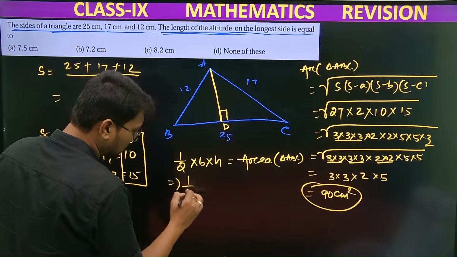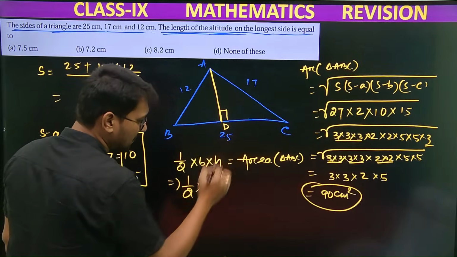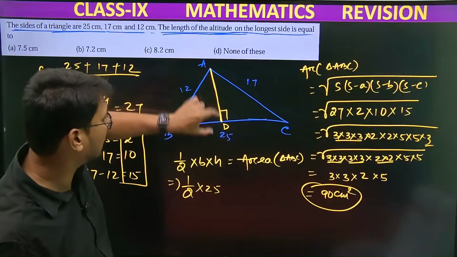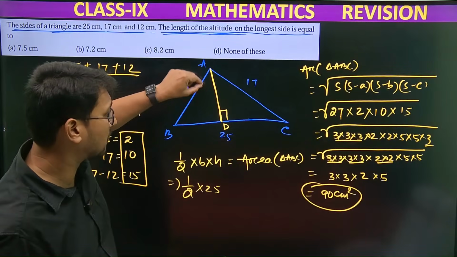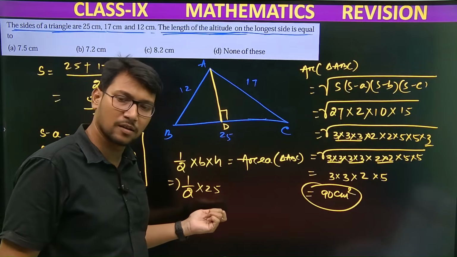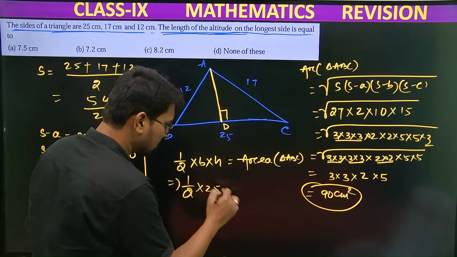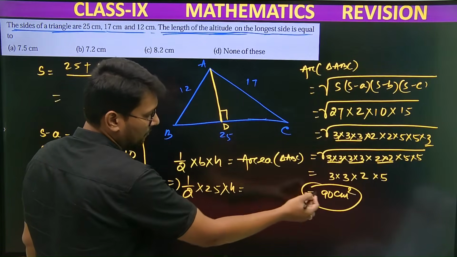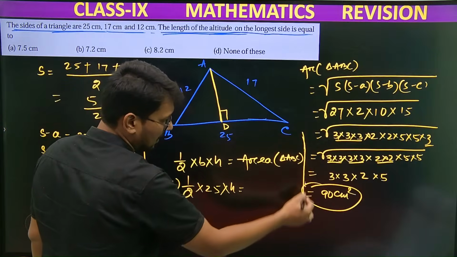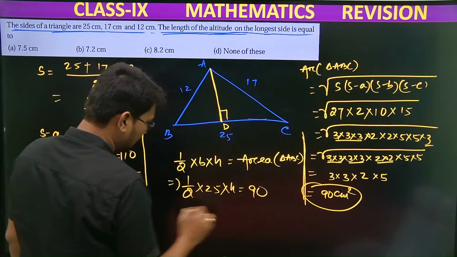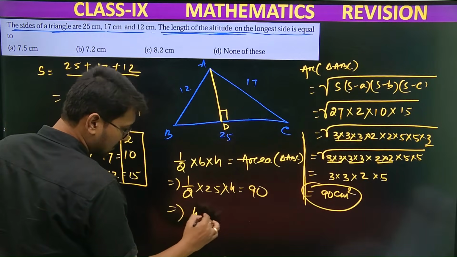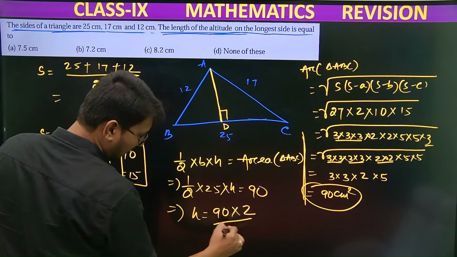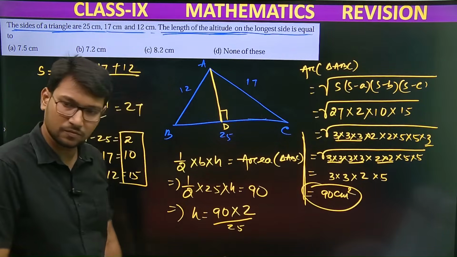Here the base is BC, 25. Why is the base BC? The question is asking to find the AD length, so with respect to AD, BC is the base. Height is not given. Height means AD. AD equals, the area of ABC we have got is 90. So therefore tell me, h is equal to 90 into 2 divided by 25. Yes or no?